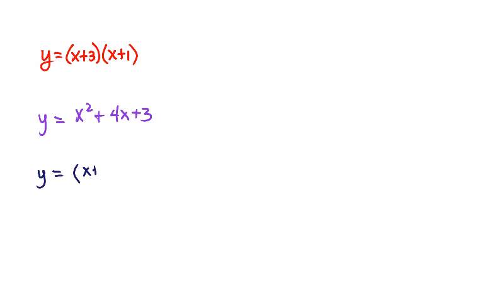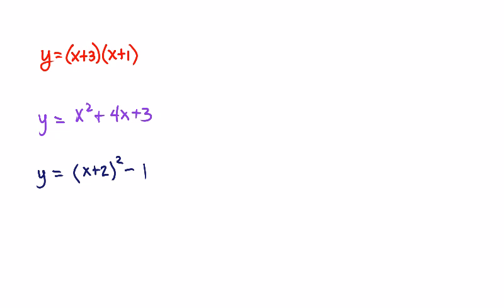So three forms: y equals (x plus 3)(x plus 1). Next form, y equals x squared plus 4x plus 3. And then the last one is y equals (x plus 2) squared minus 1. If you were actually to graph all three of these, they're the same exact parabola.